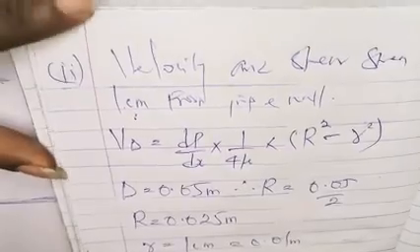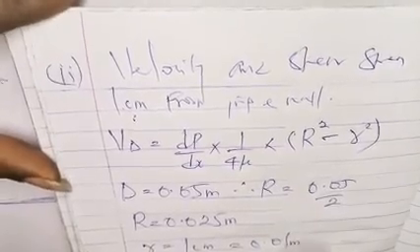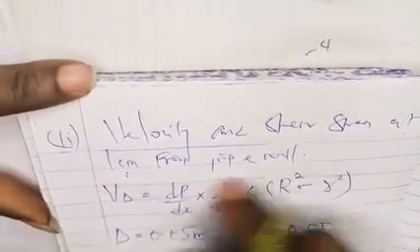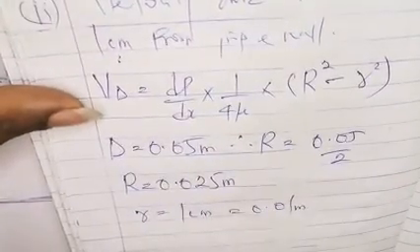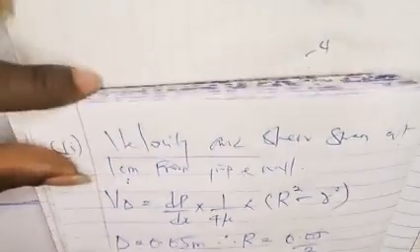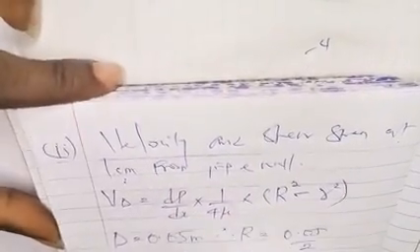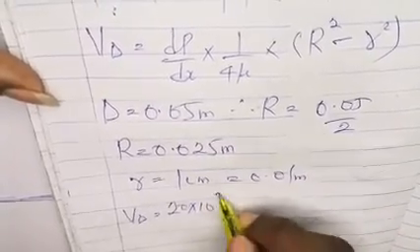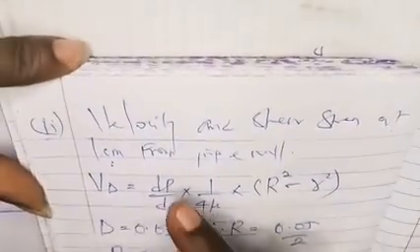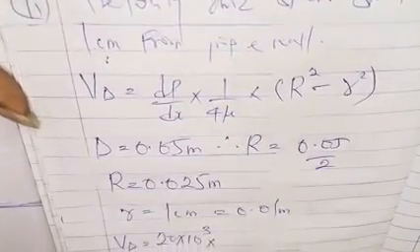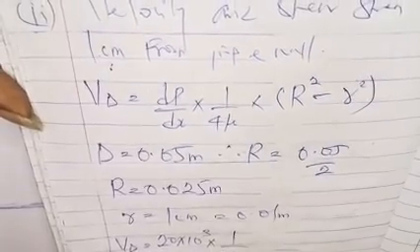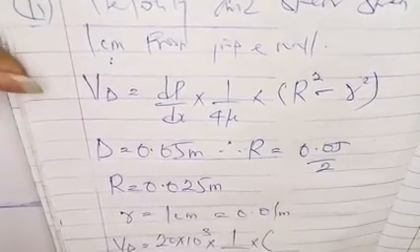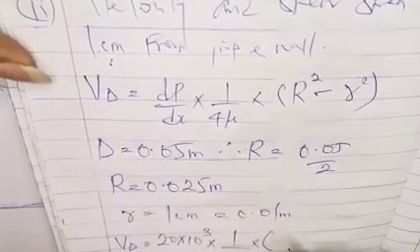All right, so if you know this, we can now plug into the equation. We know our pressure gradient, we know our dynamic viscosity, so we can now plug into this whole equation. So velocity at a distance, Vd, is now equal to, remember the equation, dp/dx, which is the pressure gradient, and we obtained the pressure gradient to be equal to 20 by 10 to the power of 3, multiplied by 1 over 4 mu, and that's simply 1 over 4 times mu, which is 0.1, multiplied by capital R, which is the larger radius, in this case 0.025.